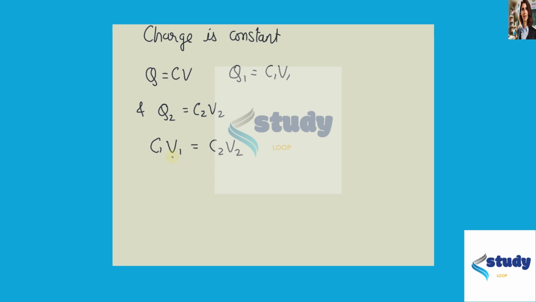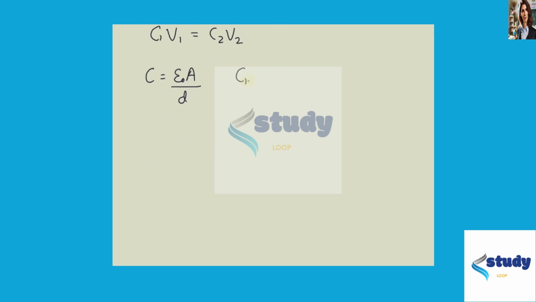Now this is one equation and there are two unknowns, because C2 is not known and V2 is not known. So let us first calculate C2. We know that C is given by epsilon naught A divided by D. So C1 will be equal to epsilon naught A by D and C2 will be equal to epsilon naught A by D prime, because when we change the separation it is D prime.